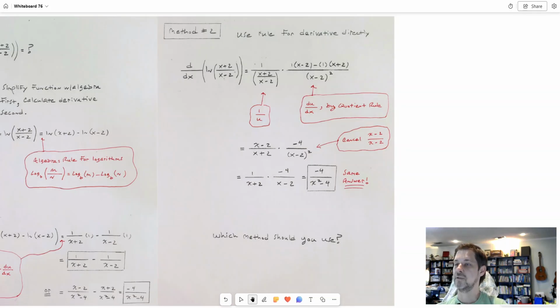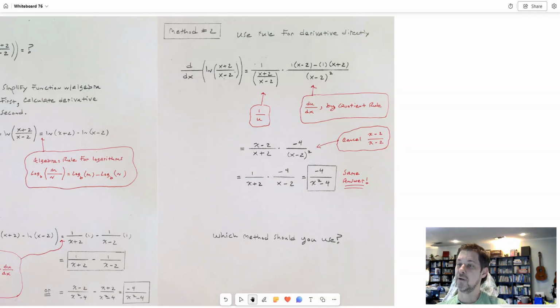So here, what you're looking at is the quotient rule for the derivative of x plus 2 over x minus 2. So okay, I get like that. For this part, when you divide by a fraction, that's the same as multiplying by a reciprocal. So 1 over (x plus 2 over x minus 2) is x minus 2 over x plus 2.